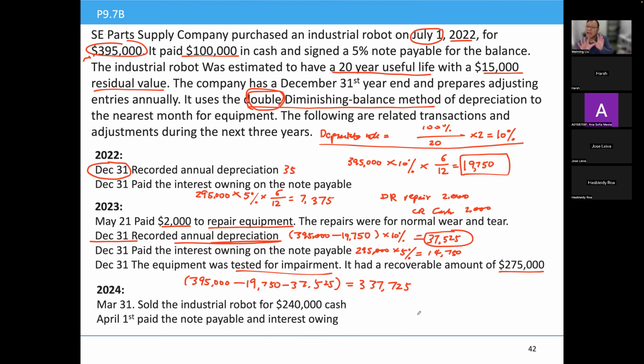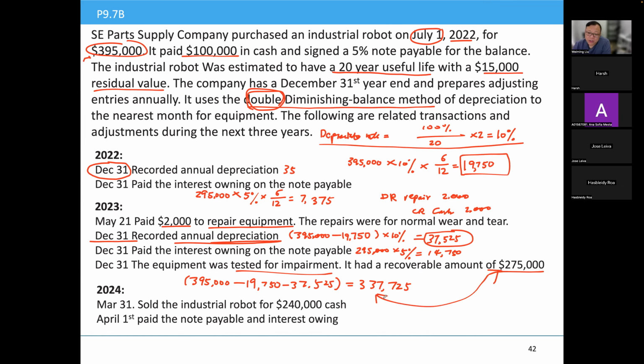So basically, the carrying amount of the robot is 337,725. So that's the book value. That's how much value the company thinks it has, the company reports. However, the recoverable amount is actually lower. It's only 275,000. So the difference between these two numbers is called impairment.